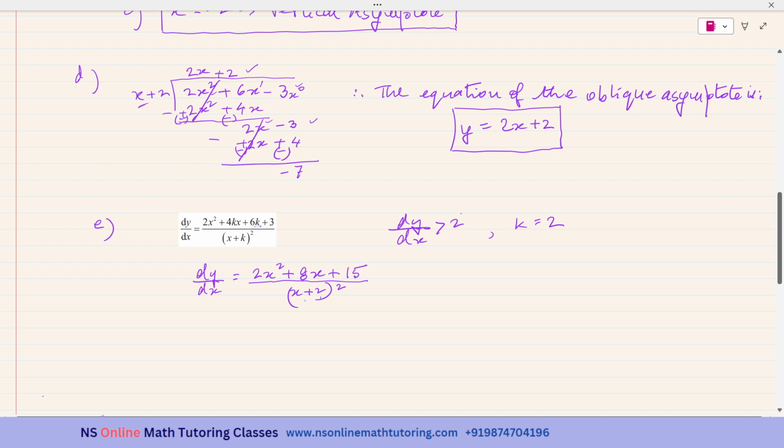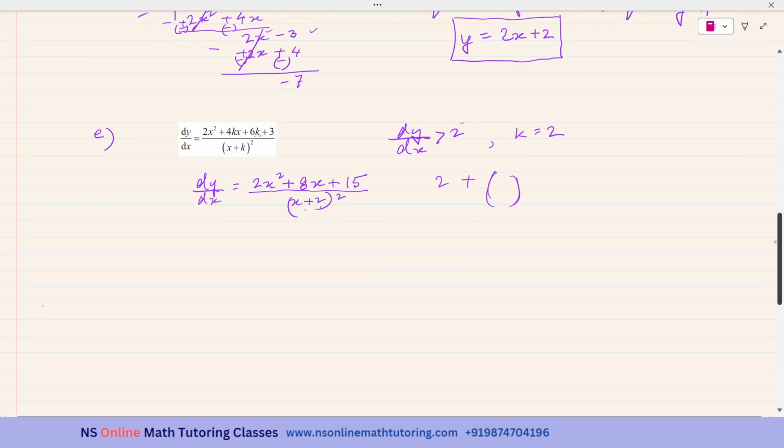How to come to this 2? I can show that dy by dx is greater than 2 if I have the dy by dx expression equal to 2 plus something. Then only I can prove that if this something is a positive number, then I can say that the dy by dx value will be more than 2, definitely. So my target is to get the dy by dx expression in this form.